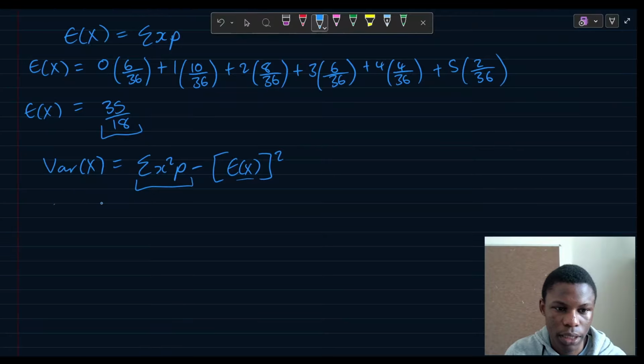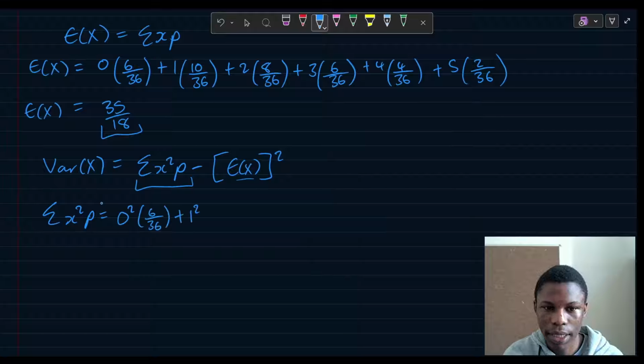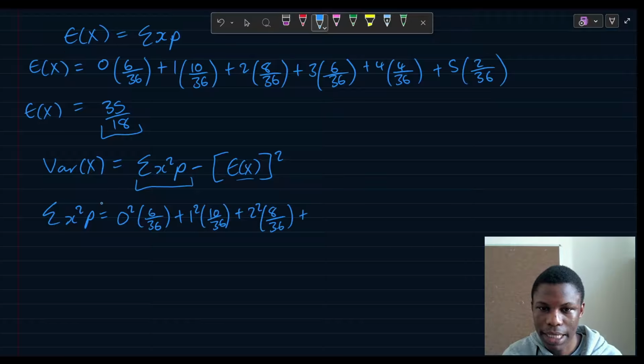So if we just do the summation of x squared p by itself, that's going to be 0 squared times the 6 over 36, plus the 1 squared times the 10 over 36, plus the 2 squared times the 8 over 36, plus the 3 squared times the 6 over 36, plus the 4 squared times the 4 over 36, plus the 5 squared times the 2 over 36.